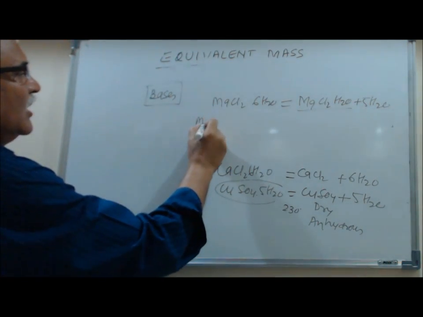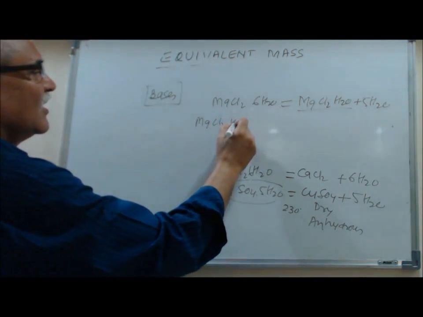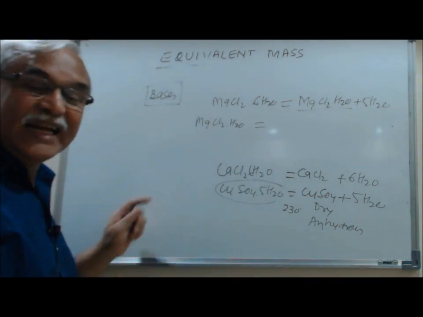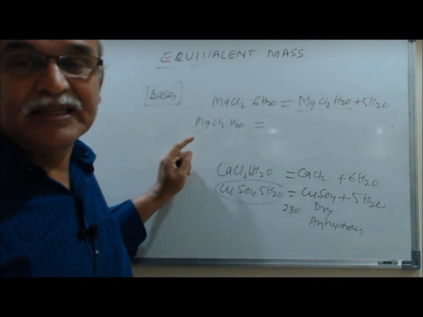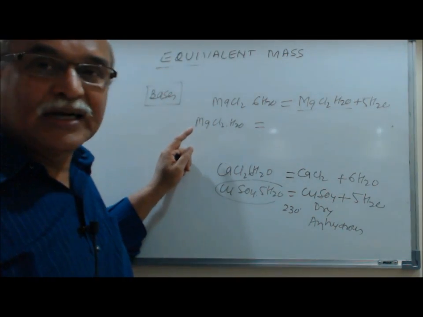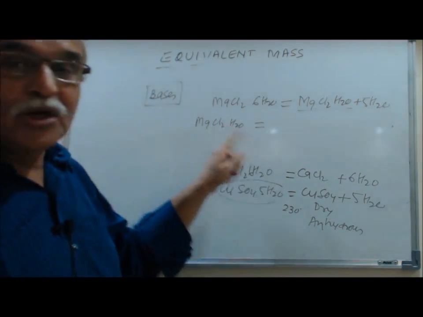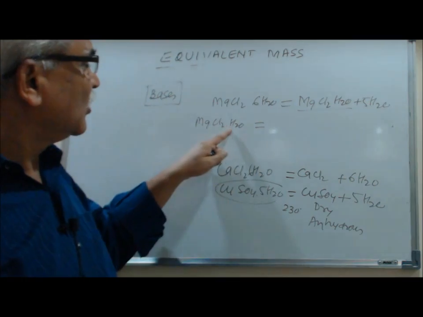So what do you do? Heat it harder to remove the water. In this case, not in many cases, even if you heat the molecule harder, this water molecule does not go out. Actually, it decomposes the molecule.